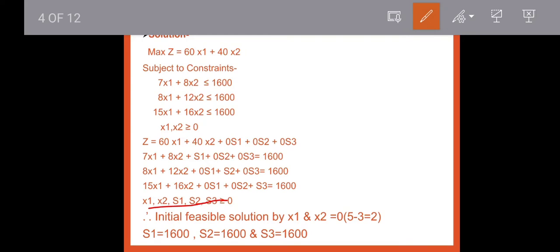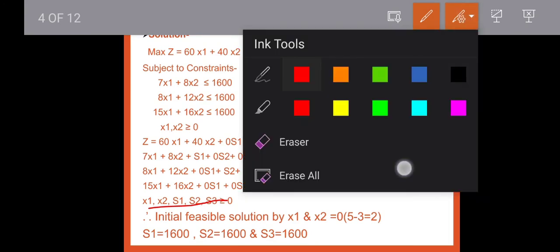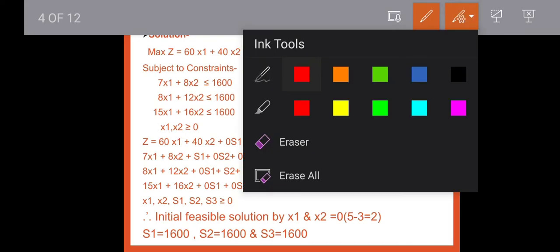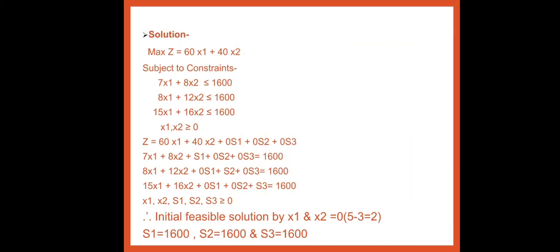So s1 for the first constraint is 1600, the second one s2 equals 1600, and the third one s3 equals 1600.